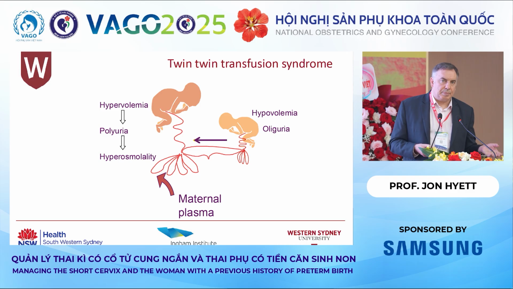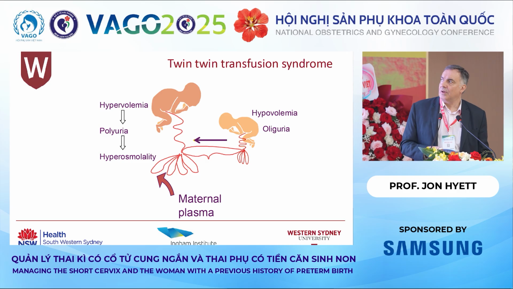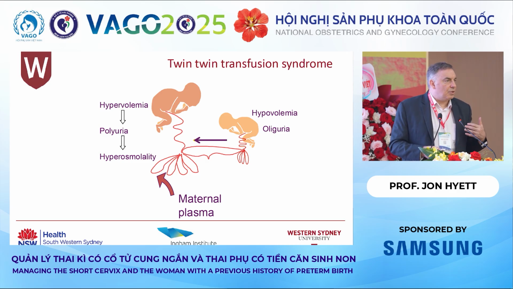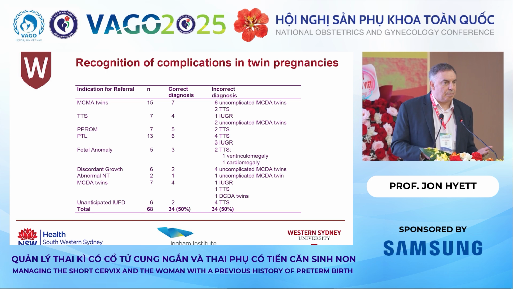From the other perspective, the bigger twin has got more flow. Often that twin's a completely normal size, will often have evidence of strain related to being hypervolemic, so things like poor cardiac function, and we'll also be trying to offload fluid through the renal system, so therefore you get polyhydramnios.